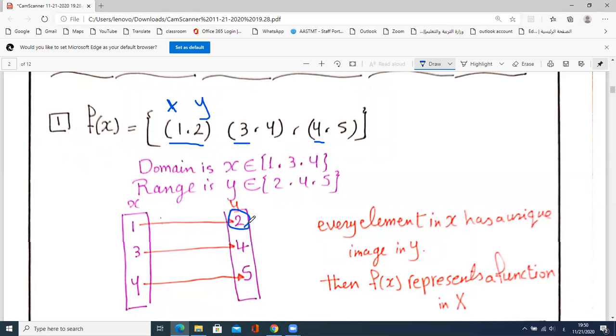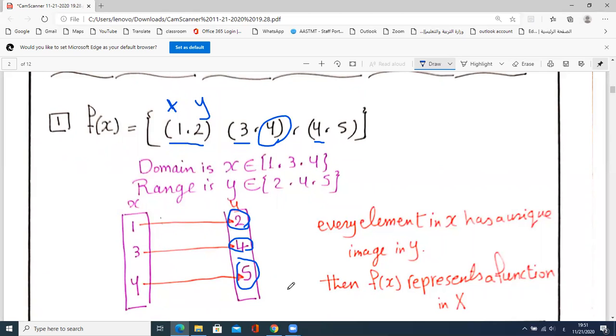Then this value of x has a unique image in y. When x equals 3, y equals 4. So 3 has a unique image in y. When x equals 4, y equals 5, then every element in domain has a unique image in codomain.